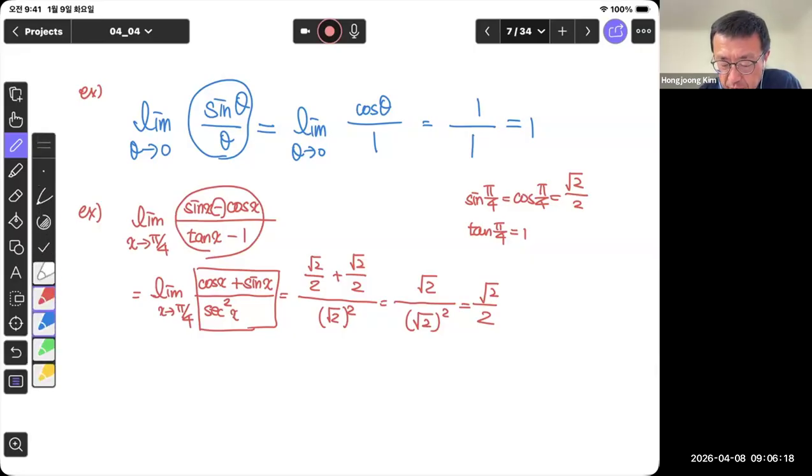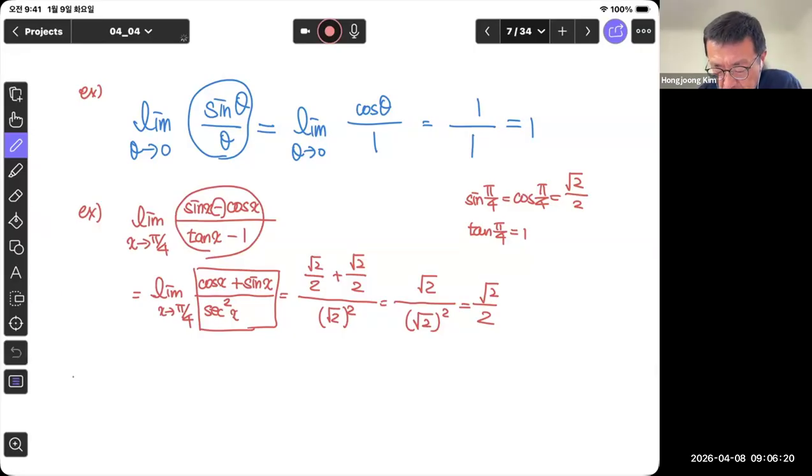One more example. Consider e to the 2t minus 1 over sine t, and let t go to 0.